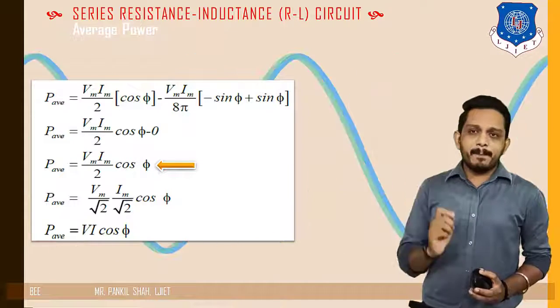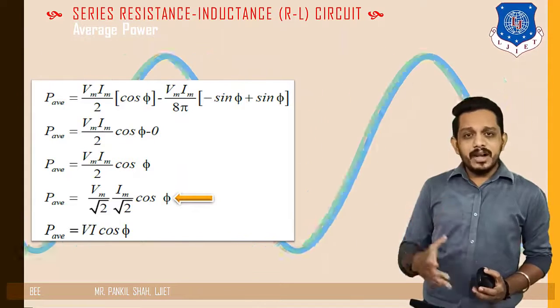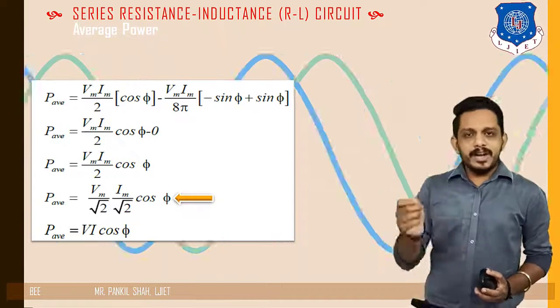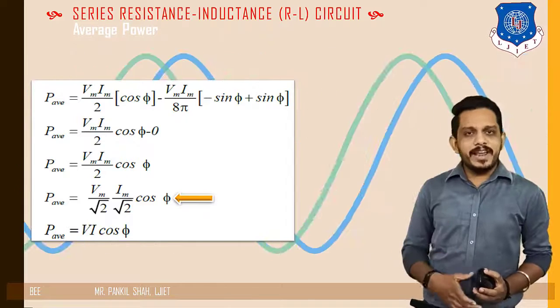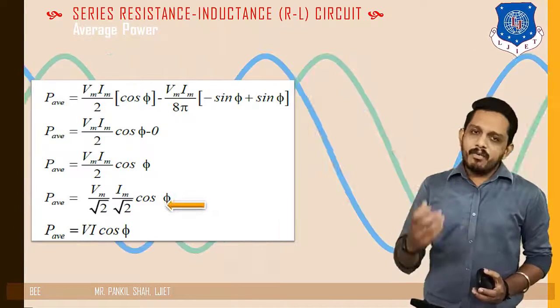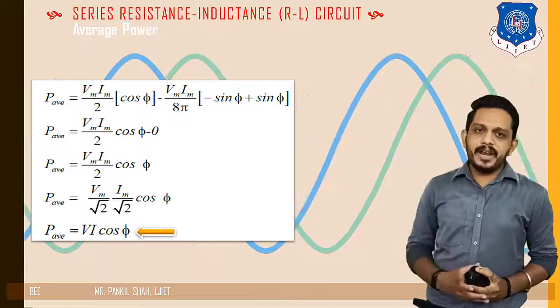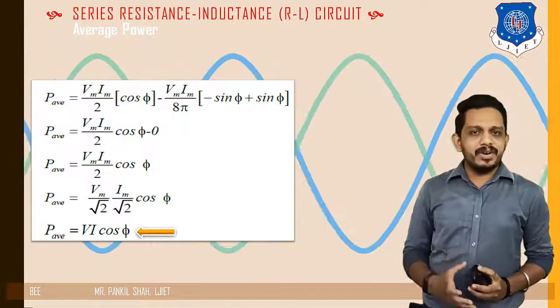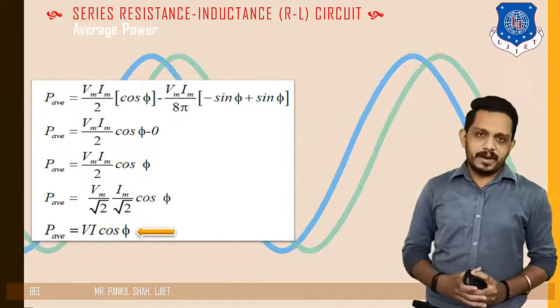If we separate this 2 to understand the RMS value, then it will be Vm by root 2 into Im by root 2 into cos phi. And Vm by root 2 and Im by root 2 are nothing but Vrms and Irms. So we obtain the equation of power in series RL circuit as VI cos phi.